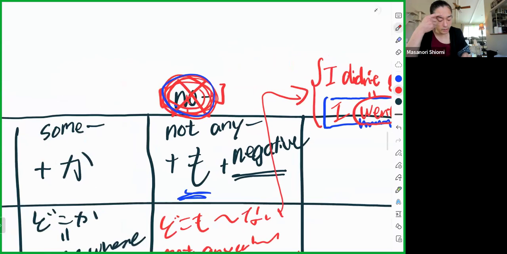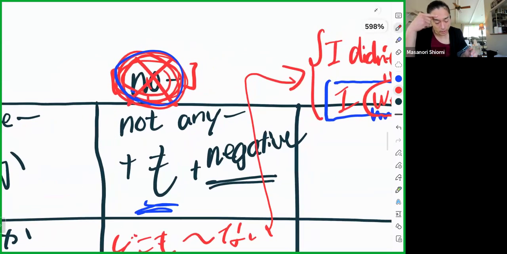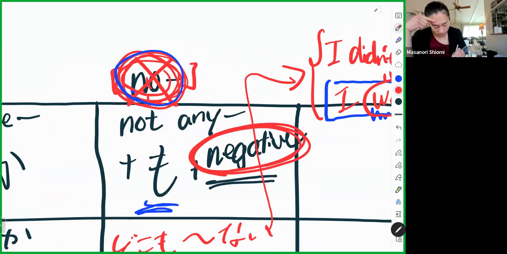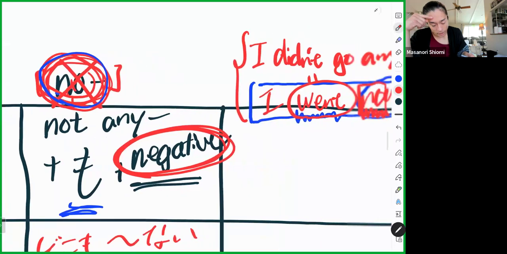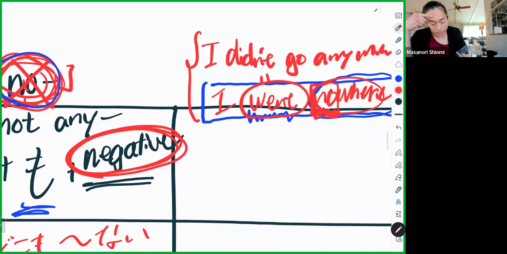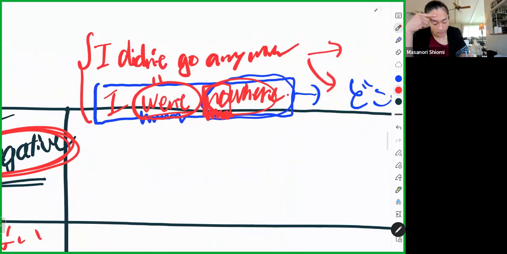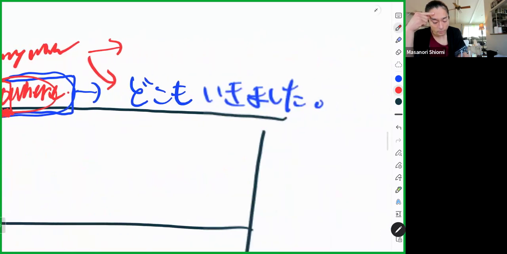But this grammar point in Japanese, we do have to always conjugate to negative. So what happens when people memorize as nowhere is they just do literal translation and forget to negate the conjugation. That's why people will say どこも行きました instead of the correct way of saying, 行きませんでした.